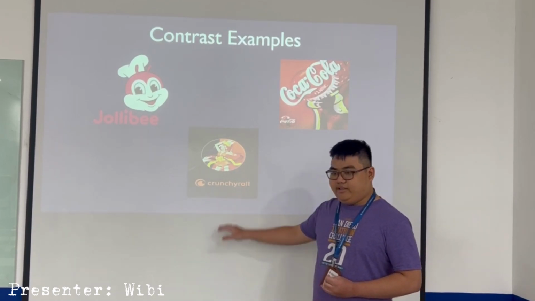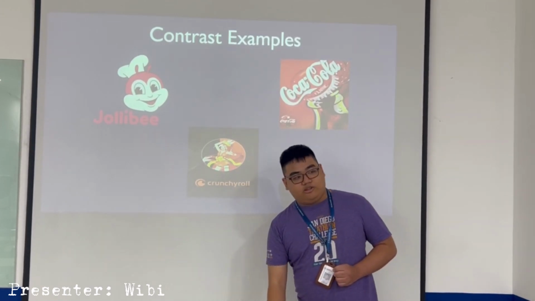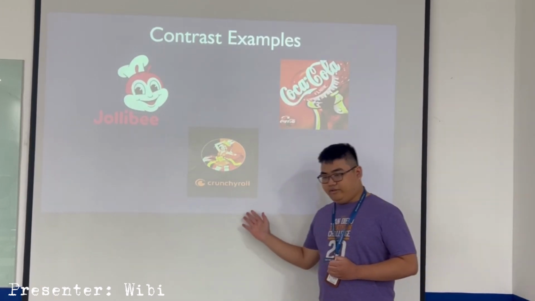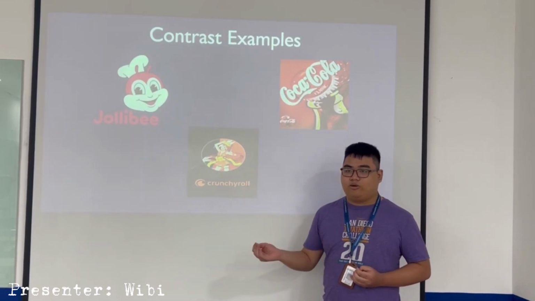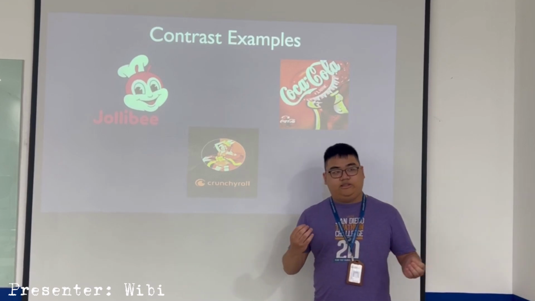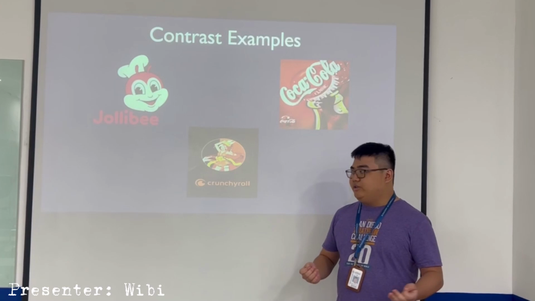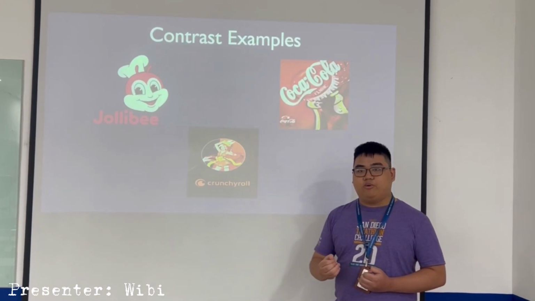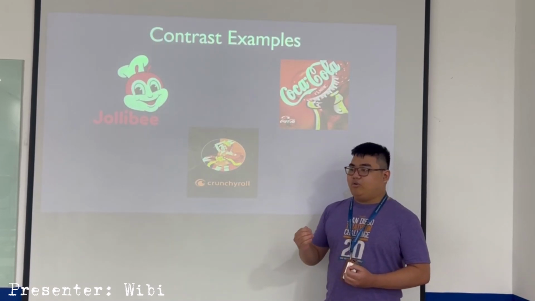Our next candidate, in contrast to Netflix, is Crunchyroll. Why did I put it here? It's pretty self-explanatory. Crunchyroll does not locate where you are. When you load the website or the app itself, everywhere in the world, you're going to be greeted with the same shows. The app does not recommend based on where you are.